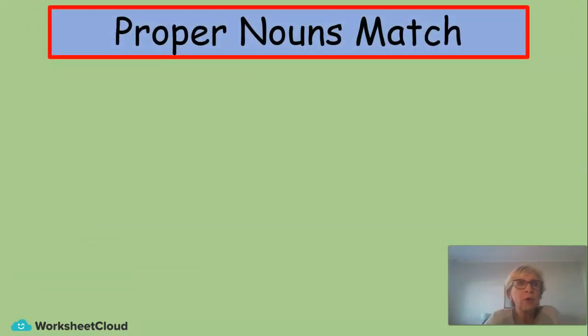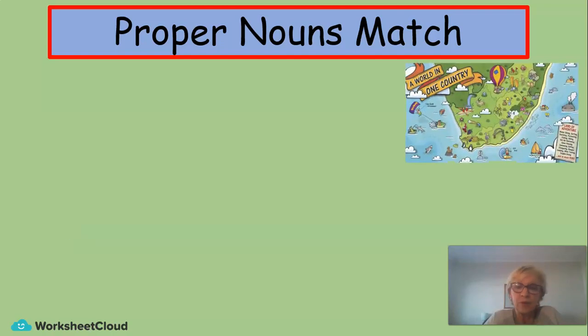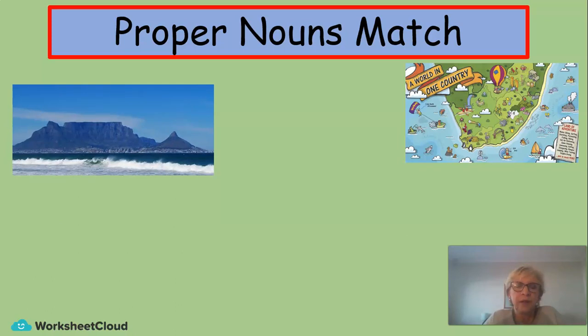Right, let's do a proper nouns match, everybody. So we're going to match pictures with some proper noun labels or names. Right, that picture says a world and one country. Who knows what country that is? And there we have a special mountain. It's not just any mountain, that's for sure.